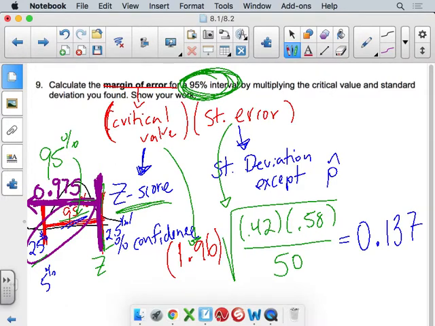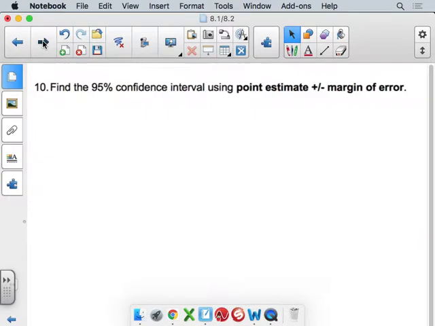So this is my margin of error, 0.137. So this is the value. All right, so that's our margin of error. We're going to do another example, so stick with me.